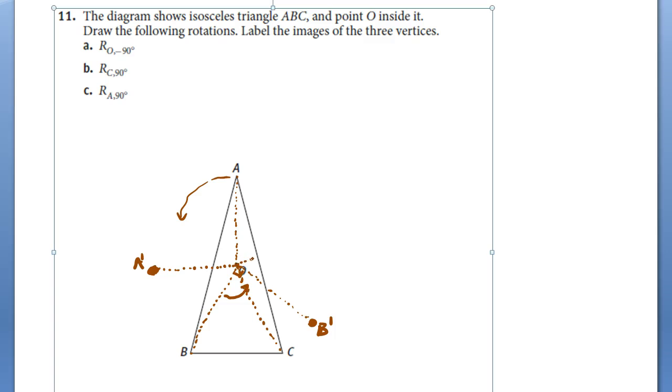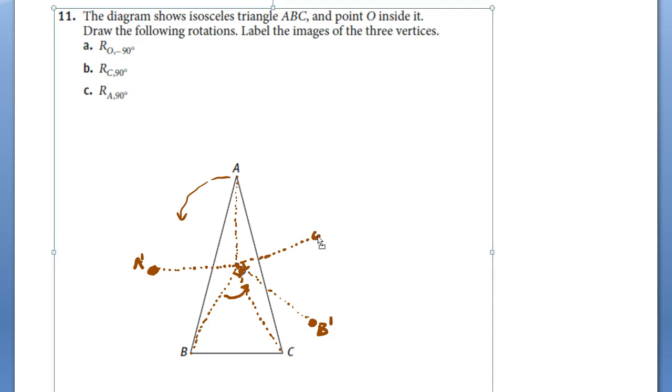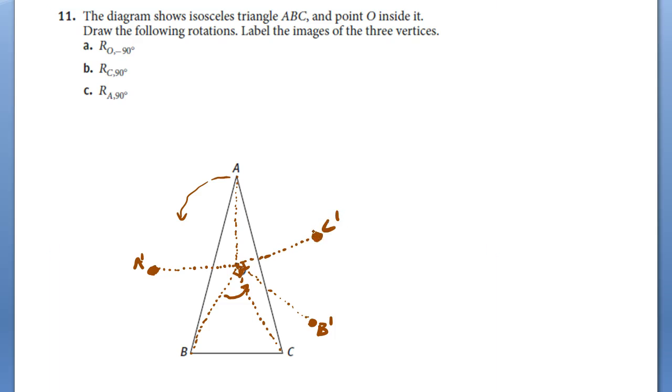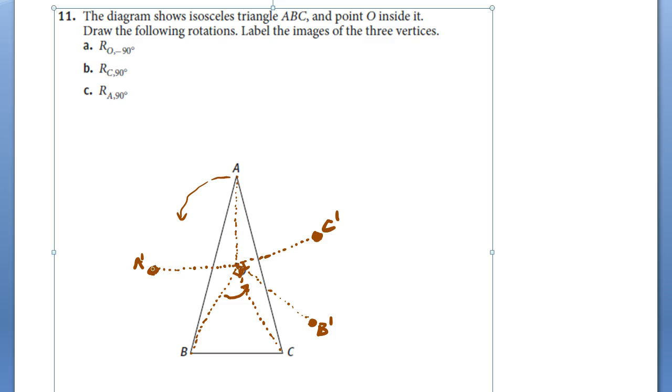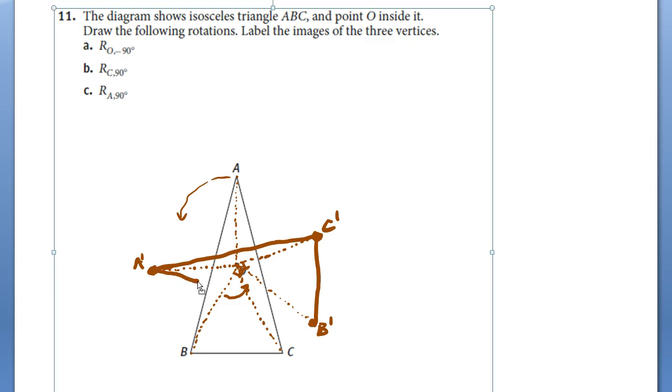Make sure you make a perfect 90-degree angle right there and come out that direction until you get to C prime. Connecting these together carefully will create our triangle. It should be exactly the same size and shape as the original, but it is rotated 90 degrees counterclockwise. There is question A.